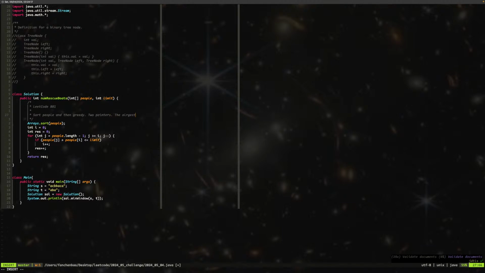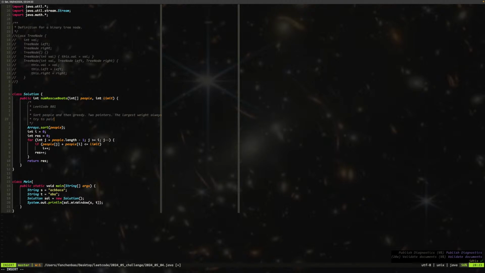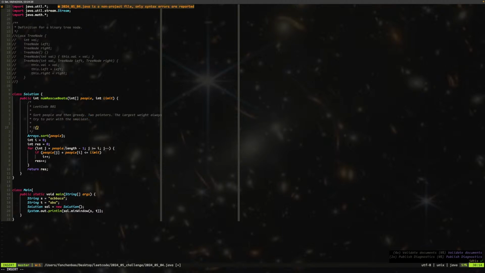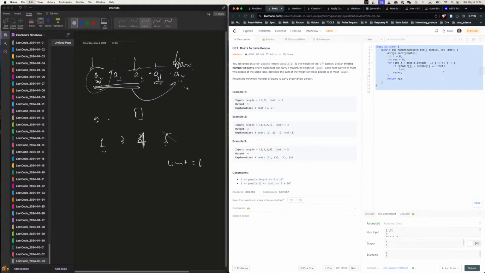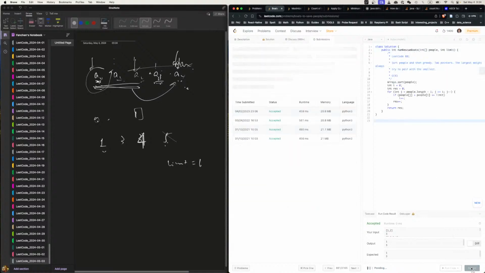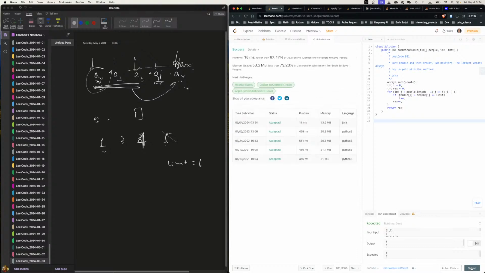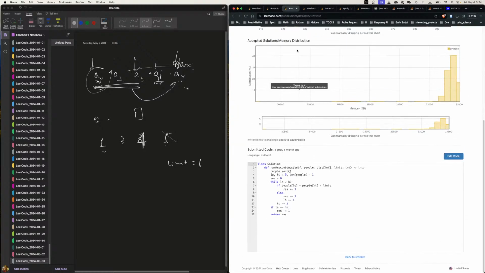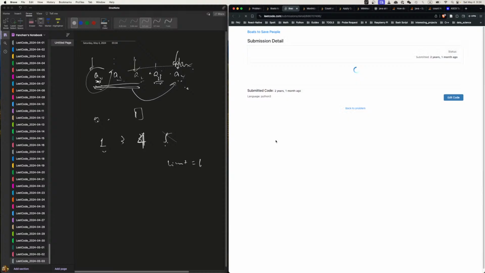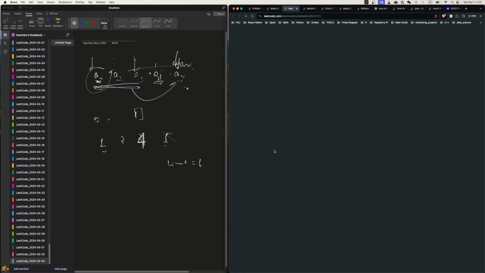The largest weight always tries to pair with the smallest. Alright, let's try this. Okay, doesn't seem too bad. Do I have a better explanation? No, I think I just went with it.